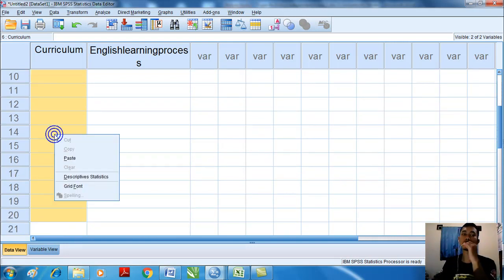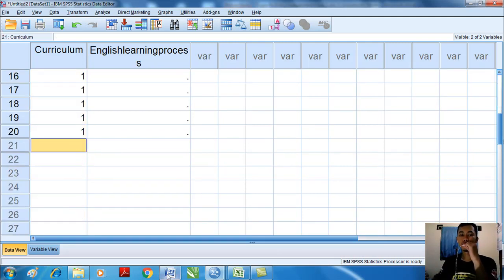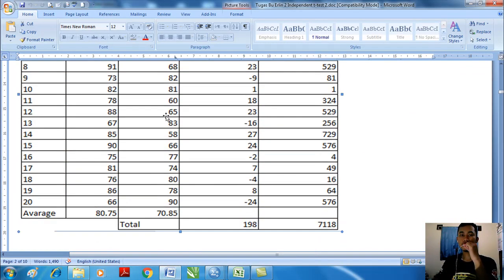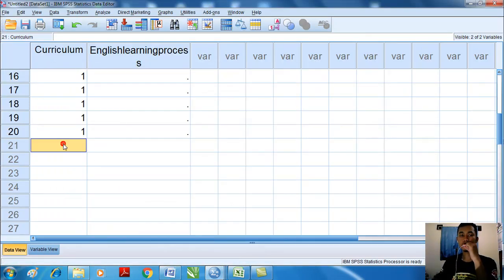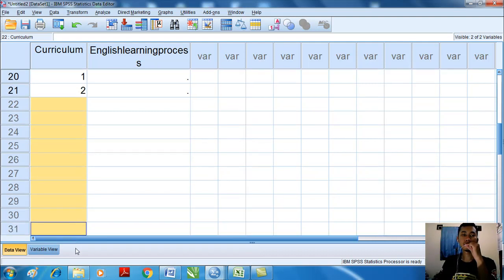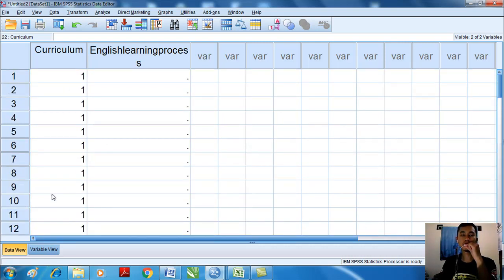Okay, this is to make it faster. Same for curriculum 2, for KTSP. Type 2 until 20. So I already have 40 data, but I haven't yet input the score.